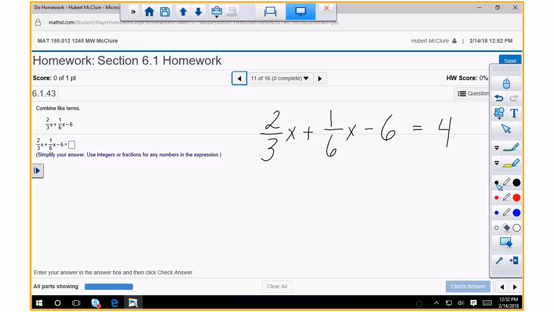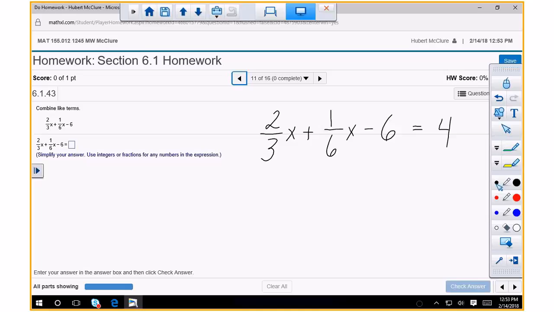What we're gonna do first? Clear the what? Clear the fractions by multiplying by the what? Common denominator.